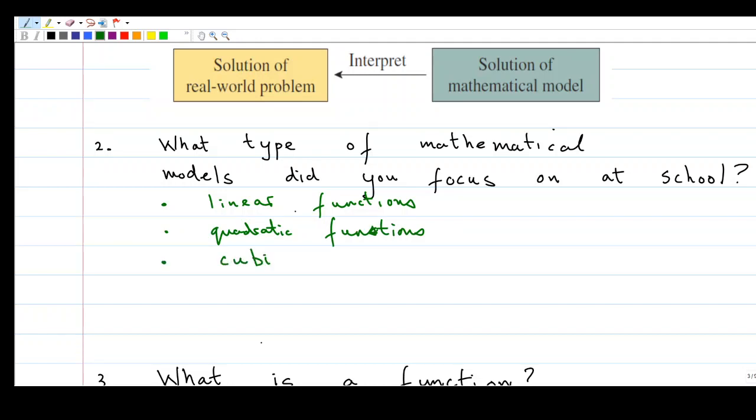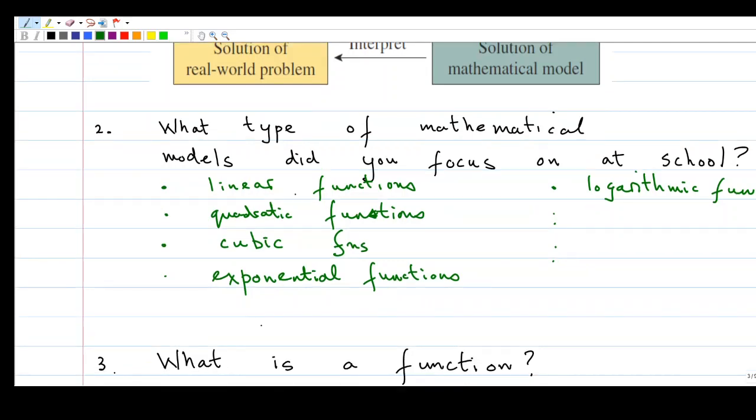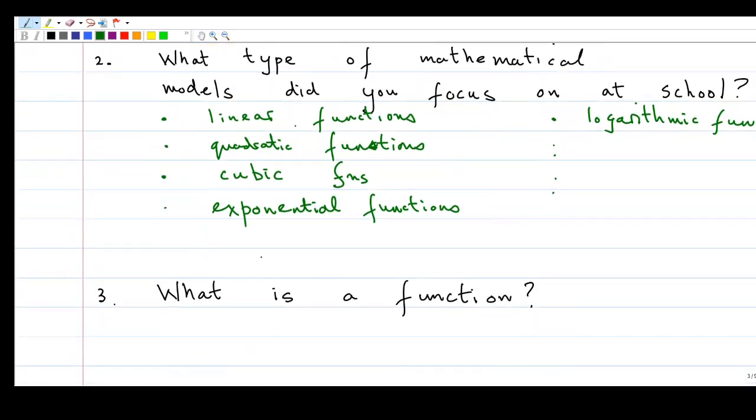Cubic functions. I'm going to write this in small, not in short form. Exponential functions. Right? Logarithmic functions, and so on. We're assuming that you know all the functions that you've come across at school, the types of functions.